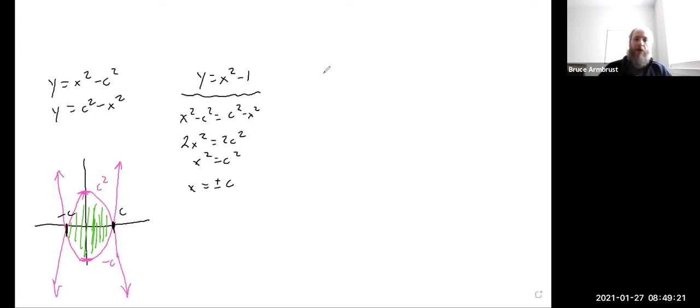So here's where the area is going to be then. The area, we're going to integrate from minus c to c. We're going to take our top function. The top function was the sad one, so c squared minus x squared. And we're going to subtract from that the bottom function, which was the happy guy, x squared minus c squared.